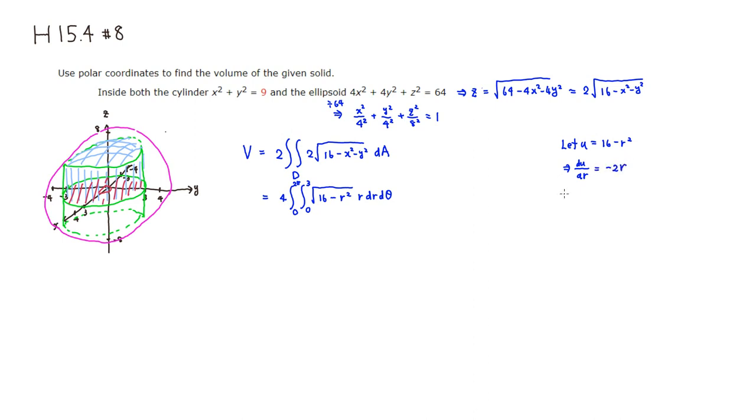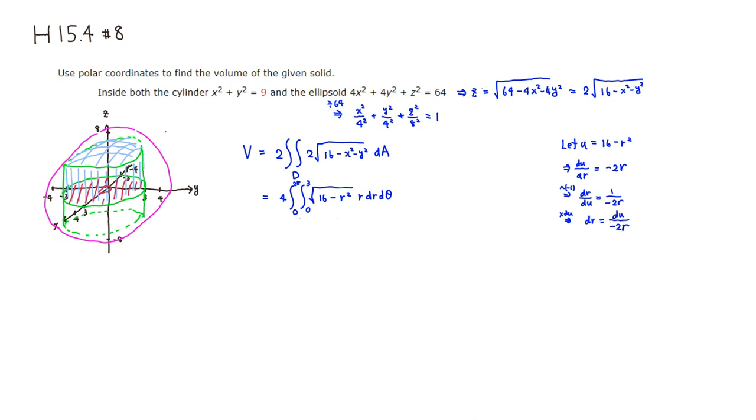Then I'm going to take the reciprocal of both sides, so you have dr over du is equal to 1 over negative 2r. Then I'm going to multiply through by du. dr is equal to du over negative 2r.